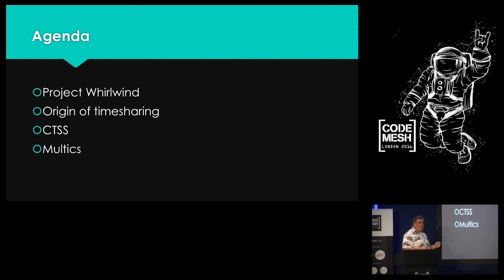He actually ended up working on Project Whirlwind and was at MIT and built this system called CTSS under the supervision of some professors there, and he later became a full professor at MIT. And finally, we're going to talk about Multics, which is the immediate predecessor of Unix. Certainly many of you may be familiar with it from the discussion of how it impacted Unix history, but we're going to talk about Multics a good bit today too.